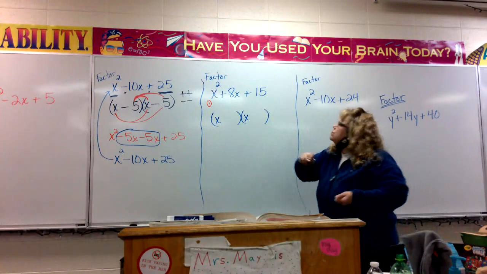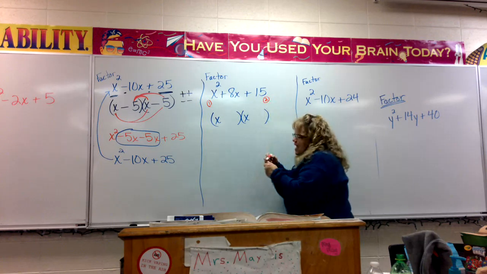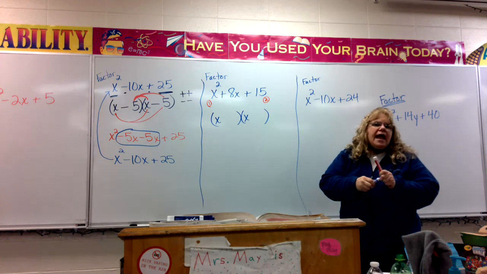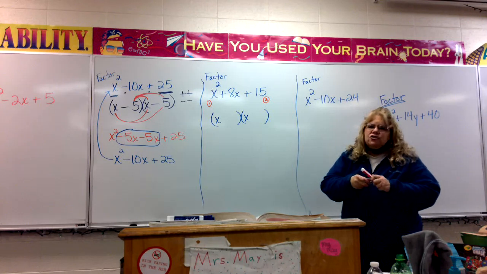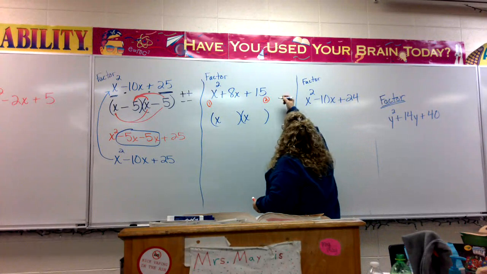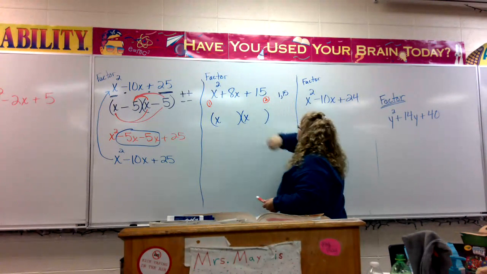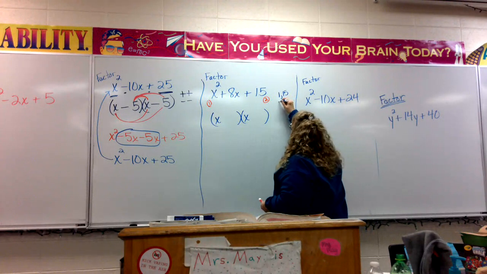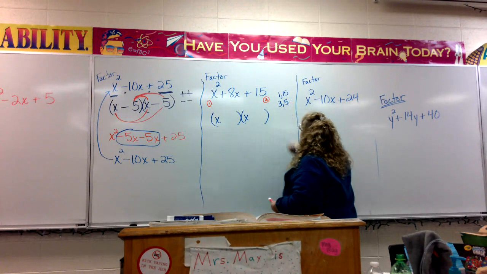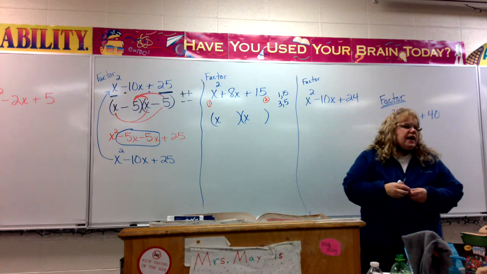Then you're going to move down here to the 15 again, to the end term. And you want factor pairs that give you 15. Well, I would like you to list them. 1 and 15, 1 times 15 is 15. And what else? 3 and 5. 1 and 15, 3 and 5, right?